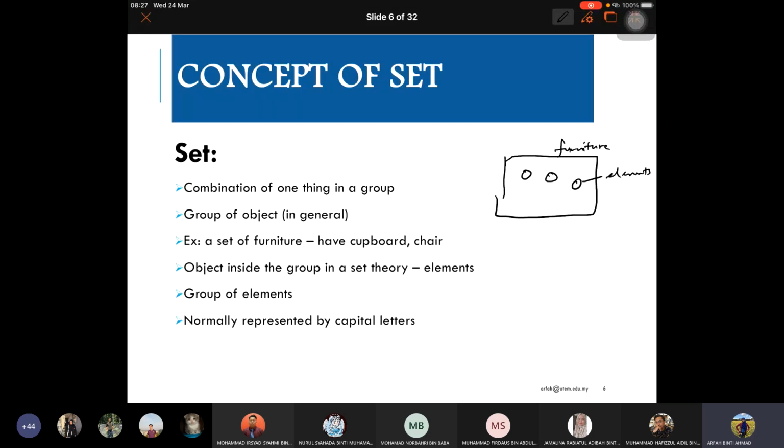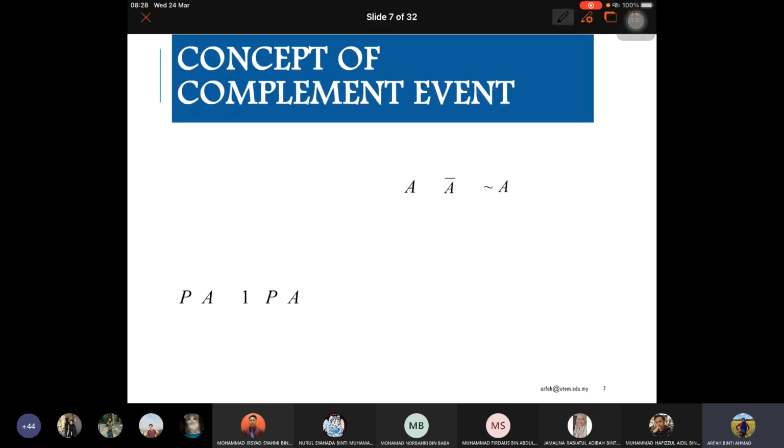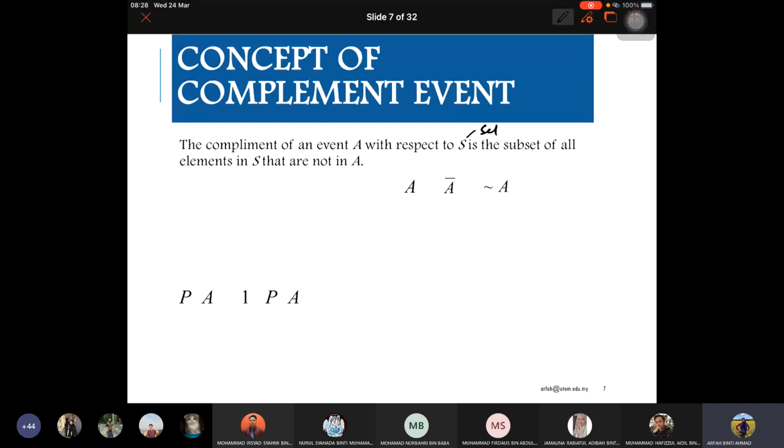Okay. So kita tengok kepada concept of probability. So, the complement of an event A with respect to S is the subset of all elements in S that is not in A. So, we can also say that the complement of set A is written as A prime, or A bar atau curly A, which consists of all elements in S but not in A. Okay.